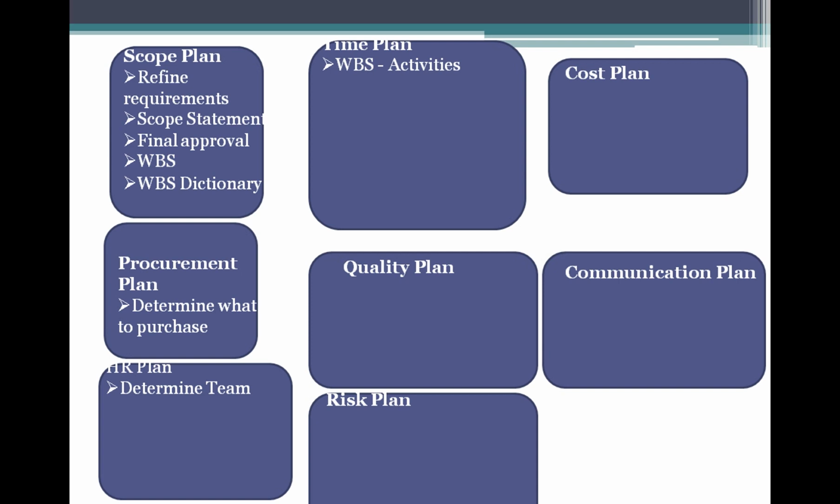Sometimes the project manager breaks down the work breakdown structure to the activity level in the work package itself. Then he treats that work package as an activity. Once he has the activities, he sequences the activities.